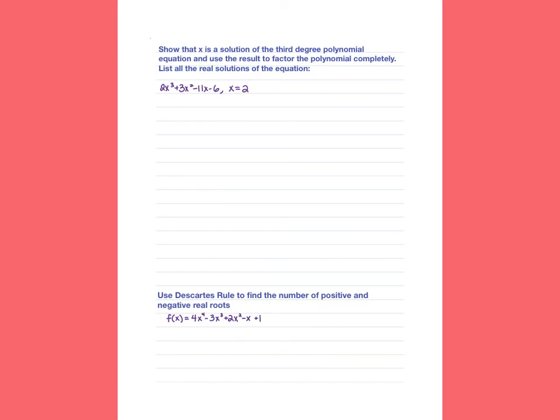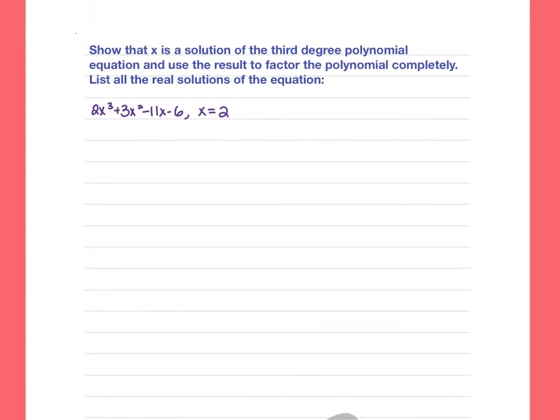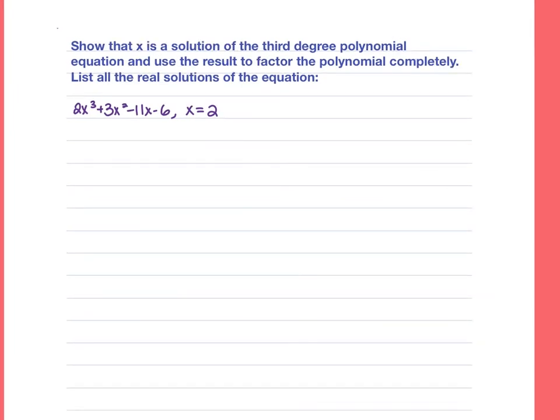Okay, then came this first one. We're going to ignore the Descartes rule because we didn't do that yet. Show that x is a solution of the third degree polynomial equation and use the result to factor the polynomial completely. List all the real solutions of the equation. So if I'm telling you that 2 is a solution to this equation, then I can put 2 on the outside.